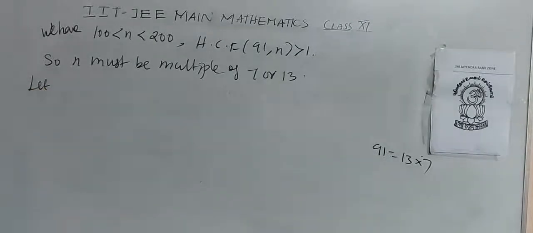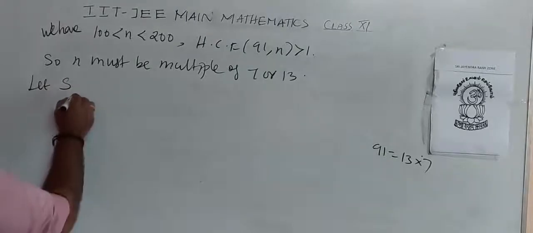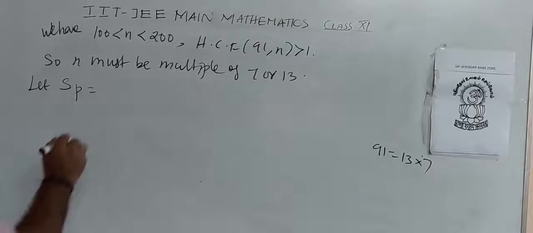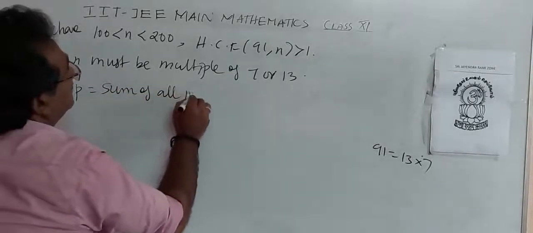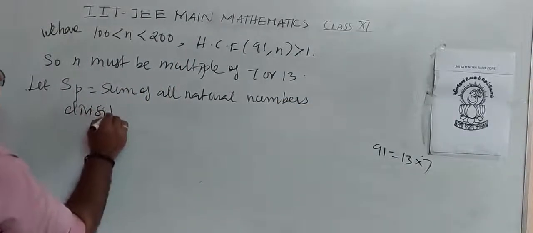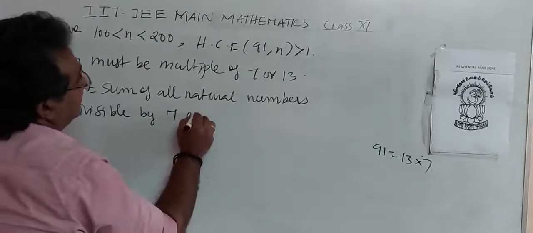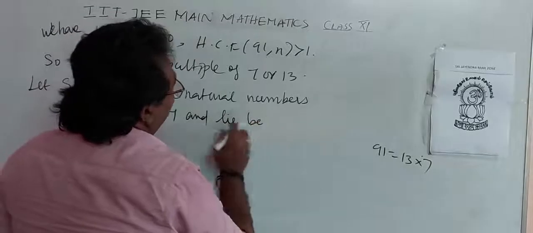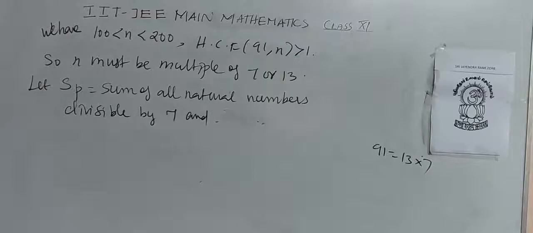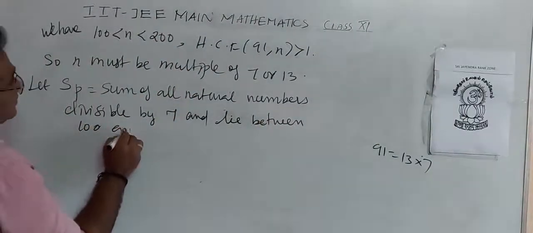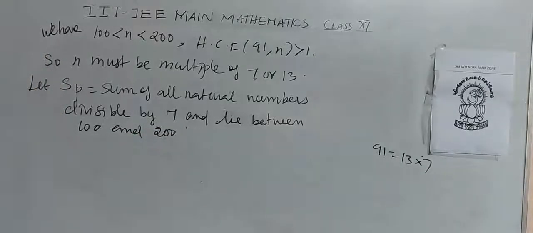Let SP be the sum of all natural numbers divisible by 7 that lie between 100 and 200.